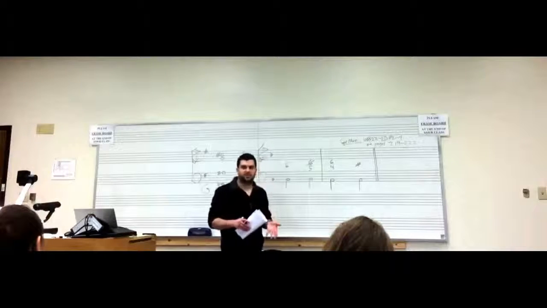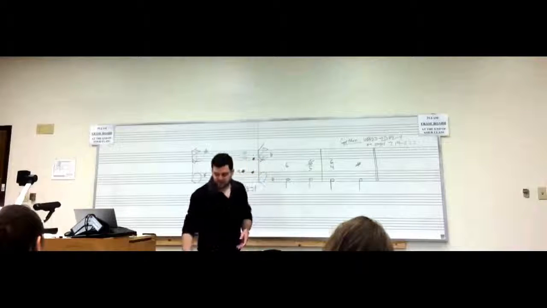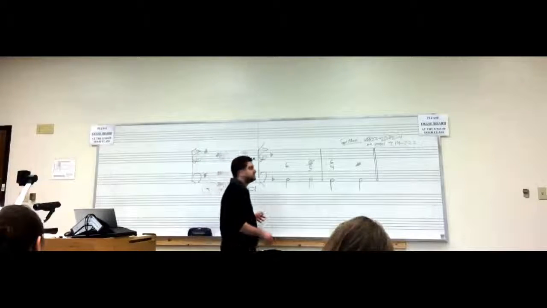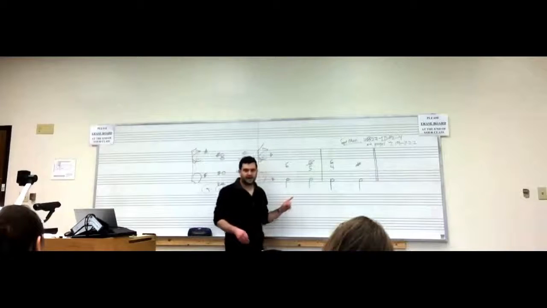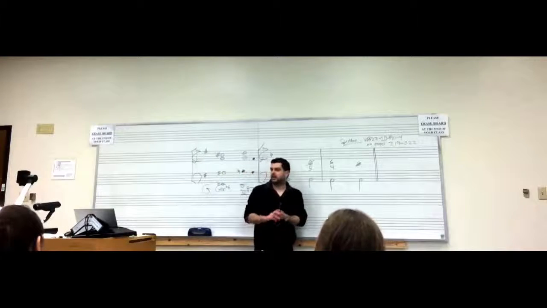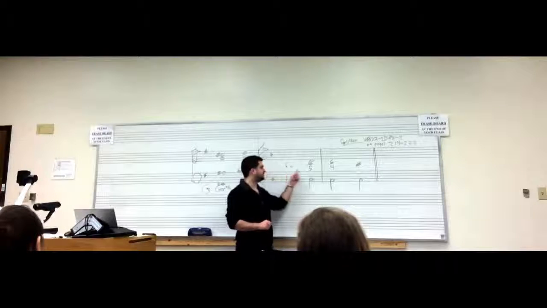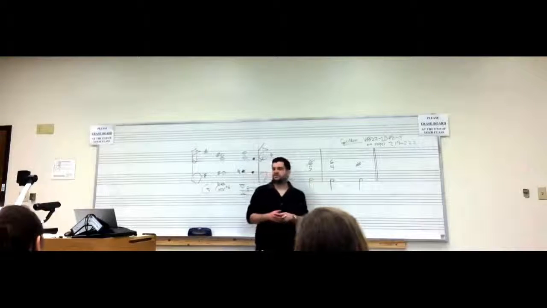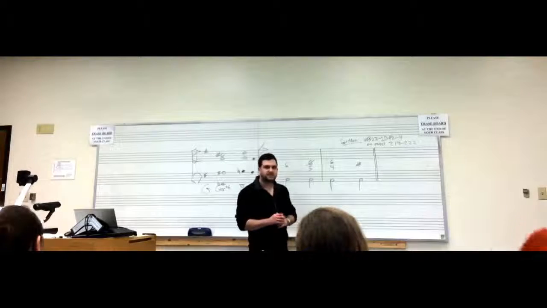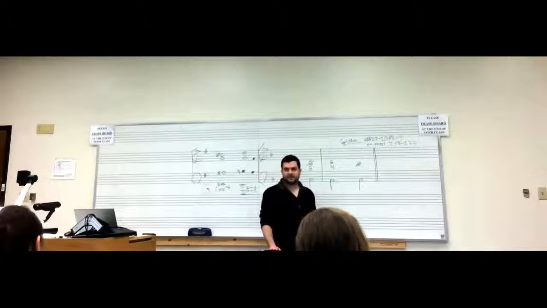Remember, when you see a voice leading excerpt where you have a figured bass here, then it's all about making sure you have the right intervals above the bass as dictated by these numbers, and then just follow tendency tones after that. And of course, avoid problematic parallel fifths in octaves.